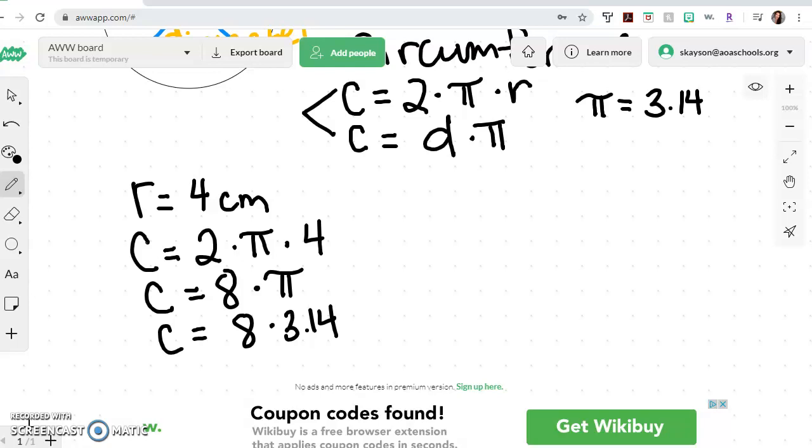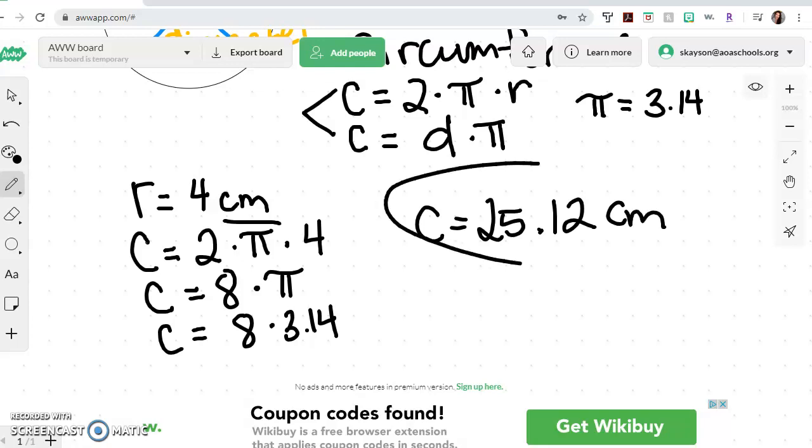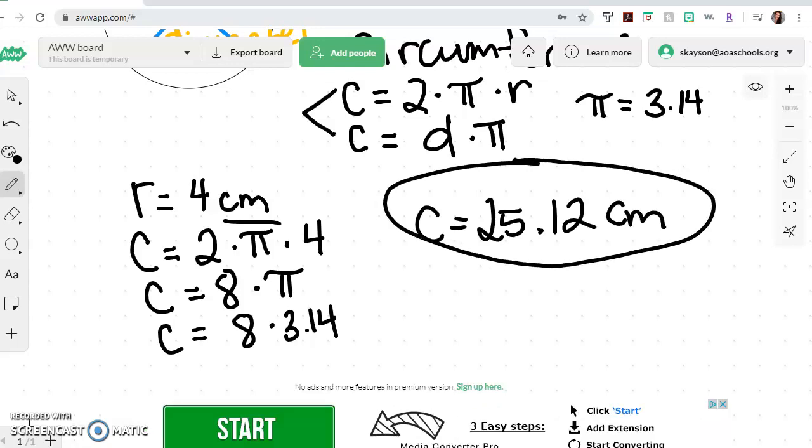And we get the circumference equals 25.12, and since we're talking about a length, a distance, that would be centimeters as well. So this is how you find the circumference of a circle.